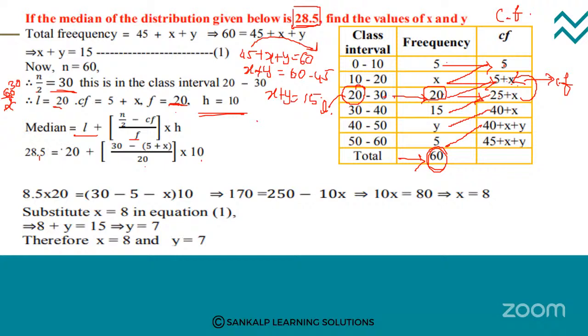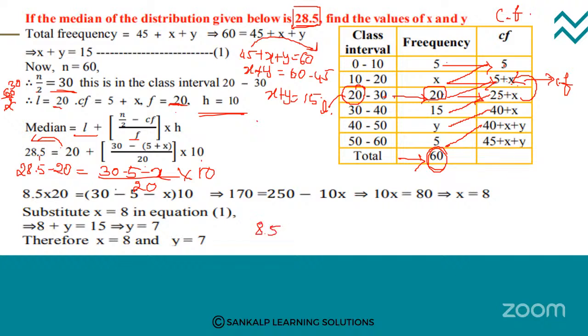Now, transfer this 20 to this side. Then it is 28.5 minus 20 is equal to 30 minus 5 minus X, divided by 20 into 10. Now 28.5 minus 20 is 8.5, right?